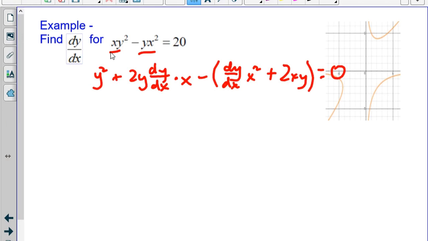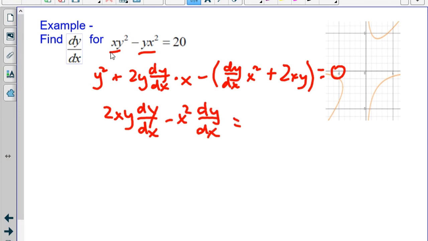So now I'm going to collect all of my dy/dx terms on one side. And then I'm going to subtract the y squared over, and I'm going to add the 2xy over, because if I distributed, that would be a negative 2xy, and then I would add it over to the other side.